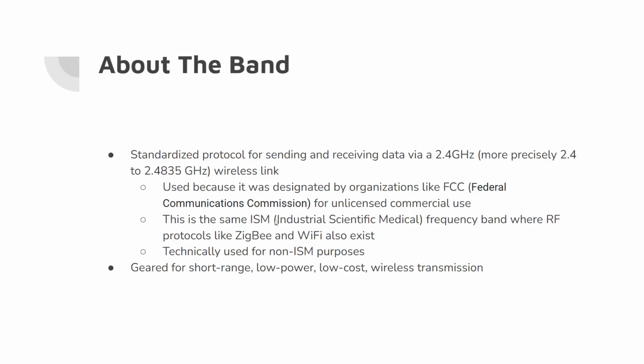So you don't have to pay or have a license to use this. That's why protocols like Wi-Fi and Zigbee and Bluetooth and others use this, because there's no licensing. I thought that was interesting. I was curious why they chose this, but that makes sense. And it's geared for, like we said before, short range, low power, low cost wireless transmission.